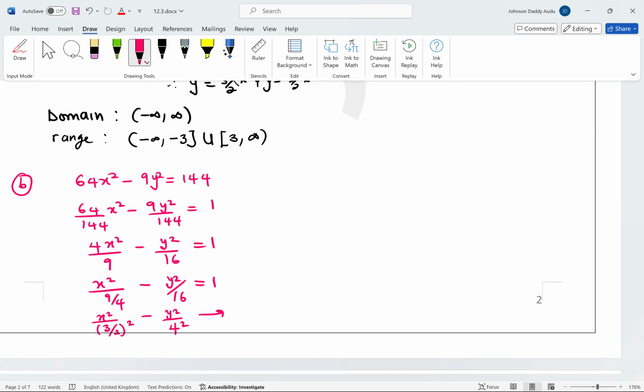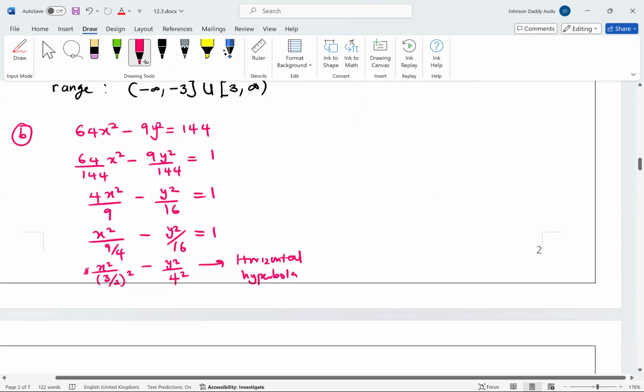So clearly, this is going to be a horizontal hyperbola. Now, why is it horizontal? Because the x is the one that is positive, right? So since the x is positive, what can we say?